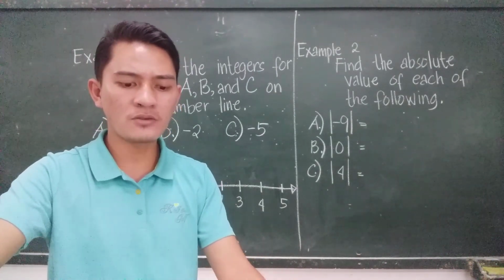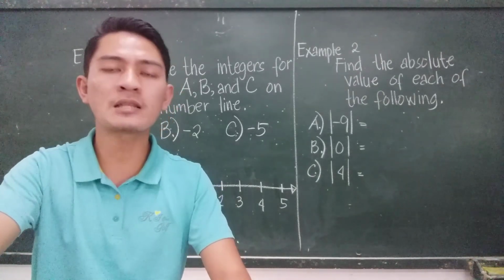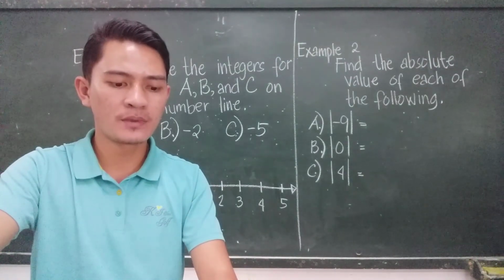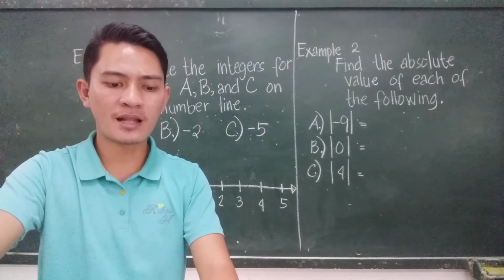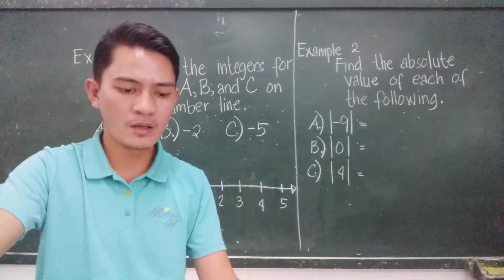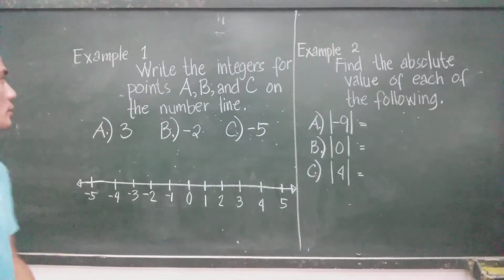The set of integers can be represented on a number line. Positive integers lie on the right side of the number line and negative integers lie to the left side of 0.